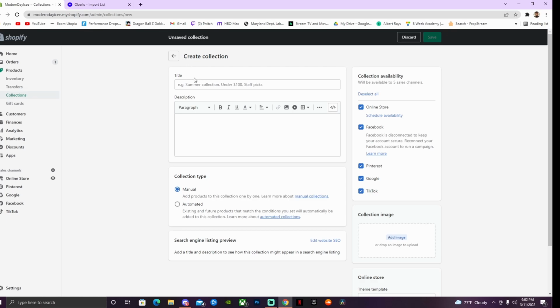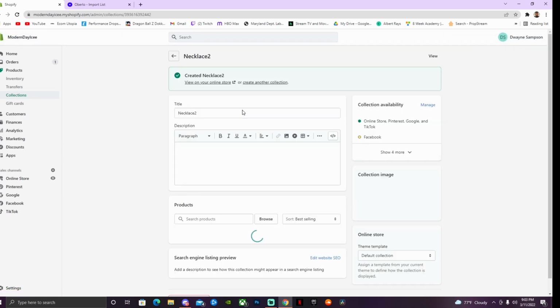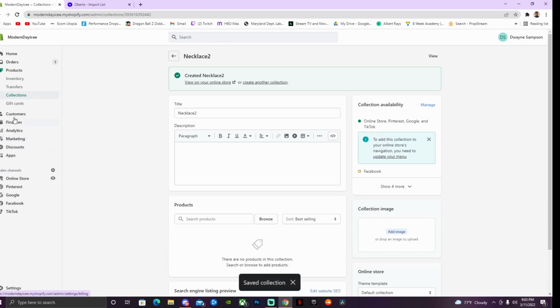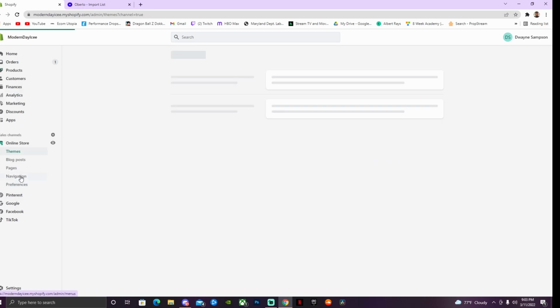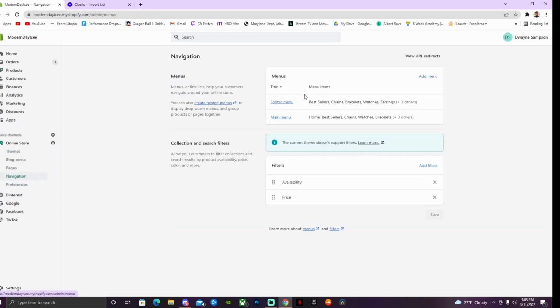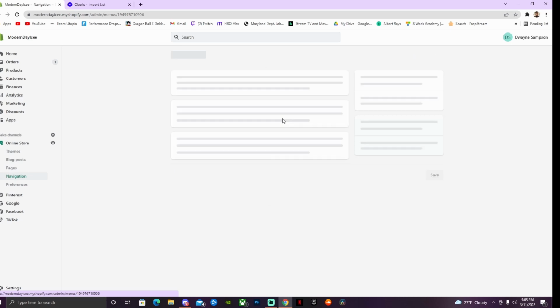So after you have your collection set up, for instance, I'm going to start up a new one. So for instance, necklace 2. I was starting up this new collection. I would have it on manual, of course, so you can manually import your products. And then you would go down to navigation, and here you would add it onto the main menu.